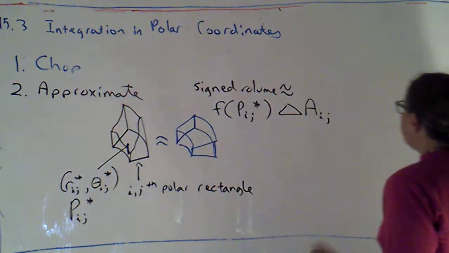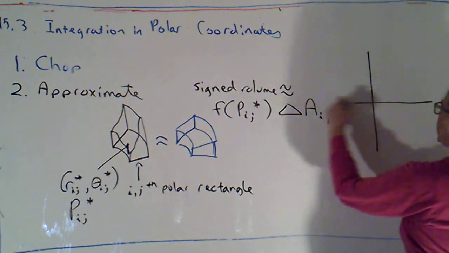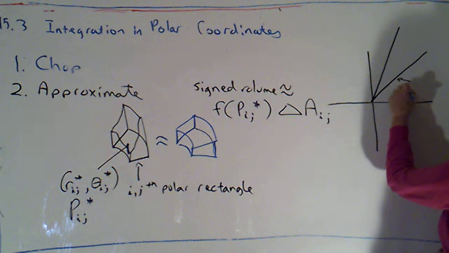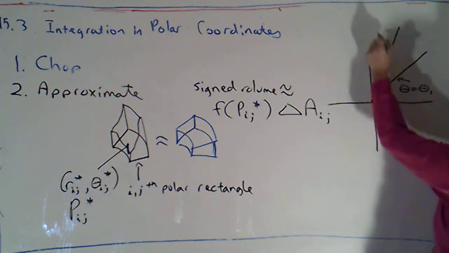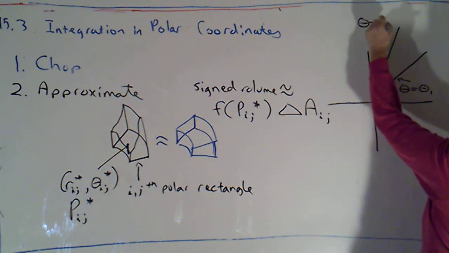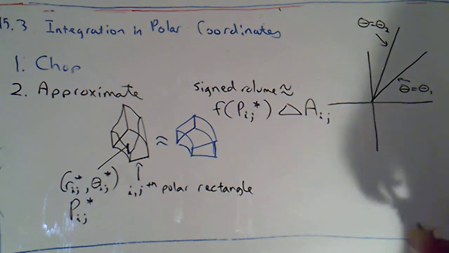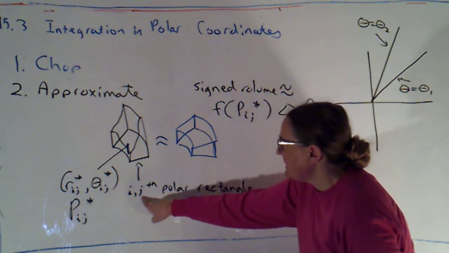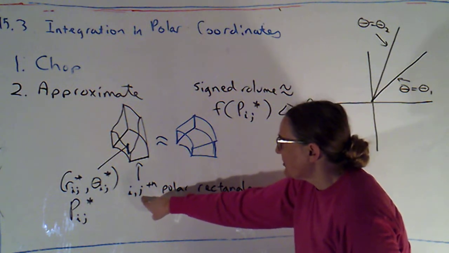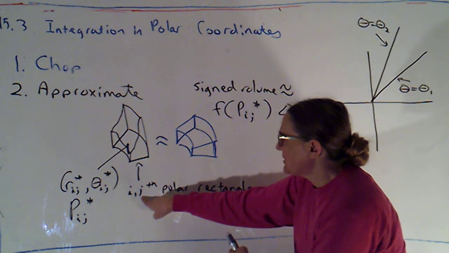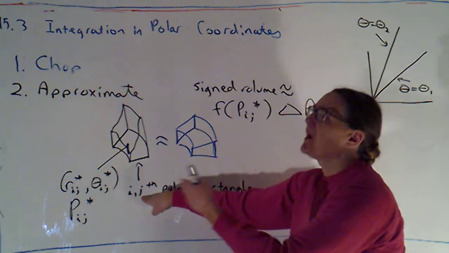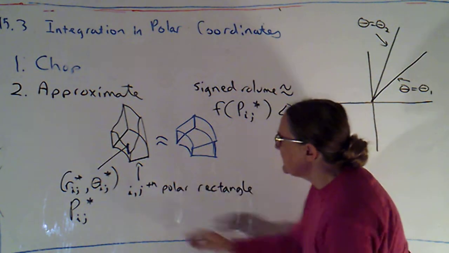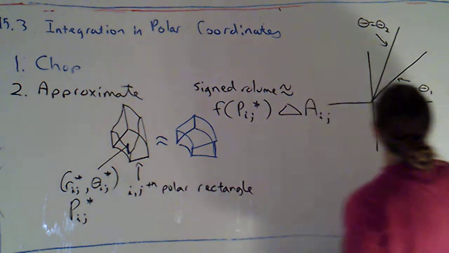Okay. Now, I'm just going to draw a polar rectangle here where this is my theta equals theta 1 and theta equals theta 2. Okay. So I'm just assuming we're going from theta 1 to theta 2. If we're in the ijth rectangle, then theta would actually be going from j minus 1 to j, or the index here would be changing over different values.